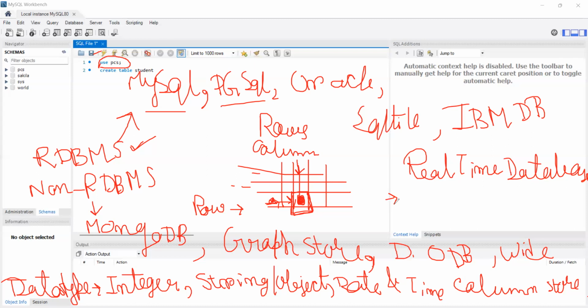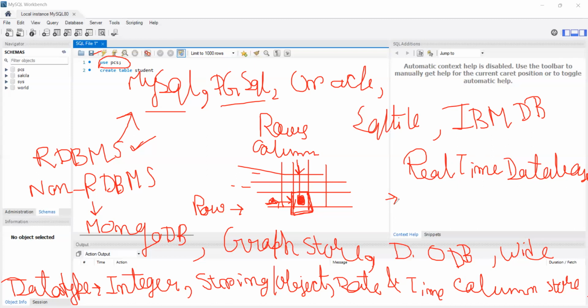Anyone? Because SQL is very fun. You have to think about all the things. The main thing is how you can put your common knowledge. Actually, SQL is like totally mathematics.